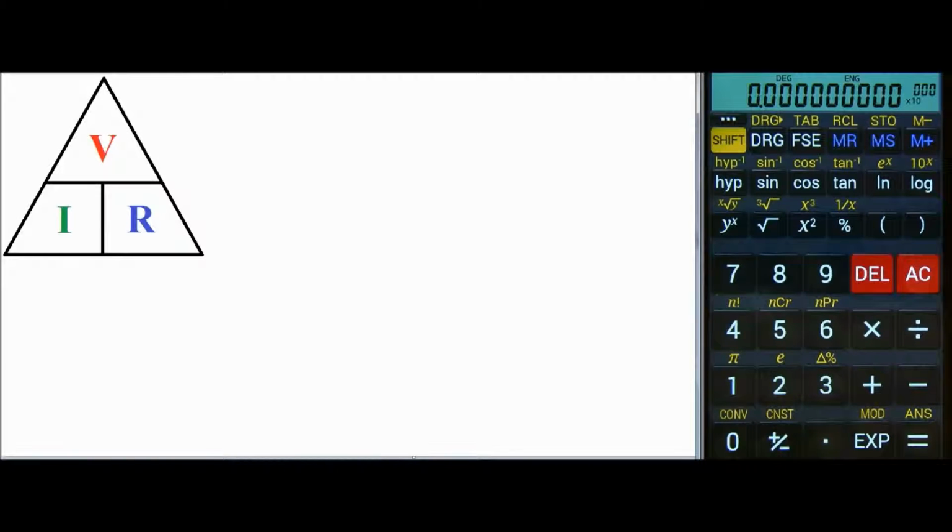Finally, let's go ahead and find the resistance of the circuit when voltage and current is known. I have a circuit with a voltage of 24.6 volts, a current of 130 milliamps. So we cover R up, and it tells us that R is equal to voltage divided by current. Our voltage in this case is 24.6 volts.